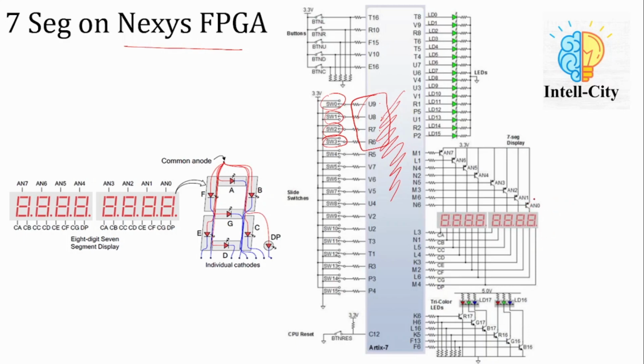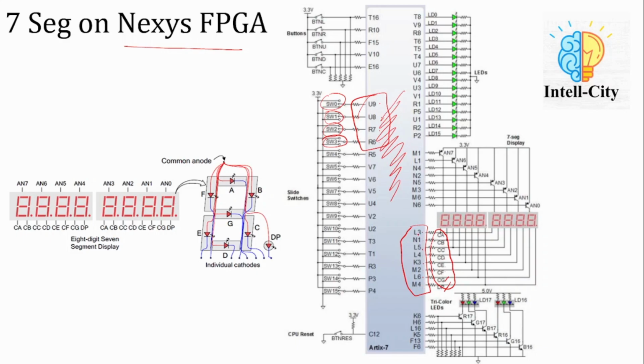So these are the data lines, A, B, C, D, E, F, G, and decimal point. These data lines are connected to L3, L1, L5, L4, K3, M2, L6, and M4.